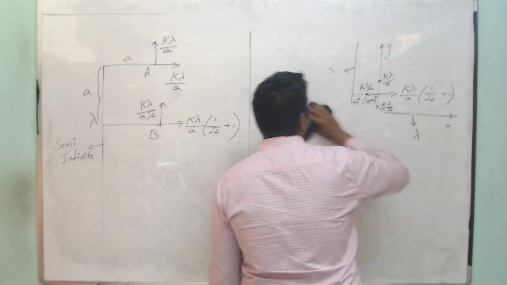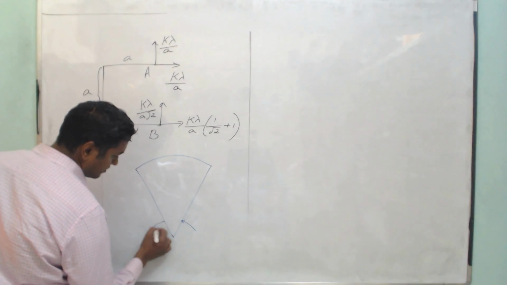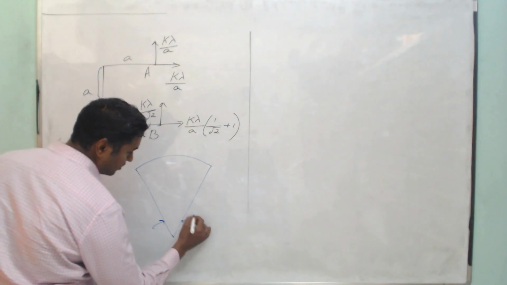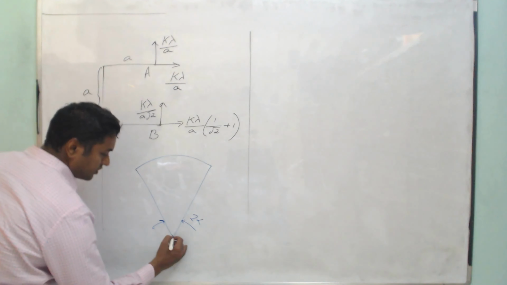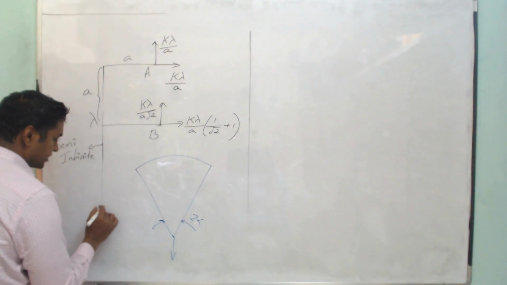If we have an arc subtending an angle 2 alpha at the center, we did all this integration part. Just tell me what is the electric field over there at the center, and let this be lambda, positive charge.